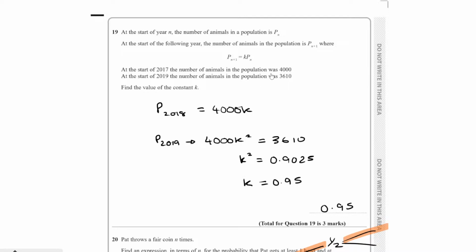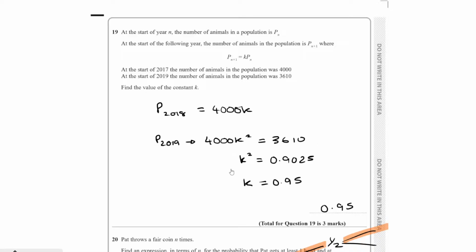Question 19, I just basically subbed in the values. To find 2018, I subbed in 4,000 times k, which is obviously 4,000k. Then to find 2019, you would sub in 4,000k times by k, which gives you 4,000k squared. But for 2019, we do actually know that it equals 3,610.